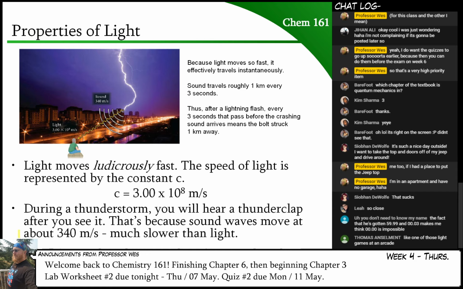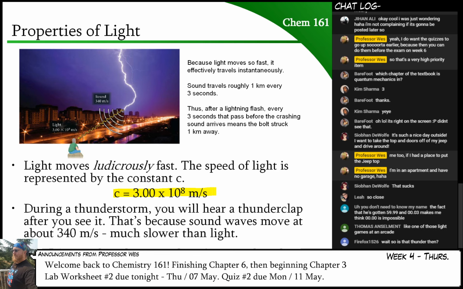Now, this number is something we're going to use quite a bit, because we're going to be using light for our experiments to determine the nature of the atom, because light, it turns out, is something that atoms give off. If you've ever gone to Las Vegas or anywhere at night, or played Shadowrun or Cyberpunk, you see neon tubes everywhere.